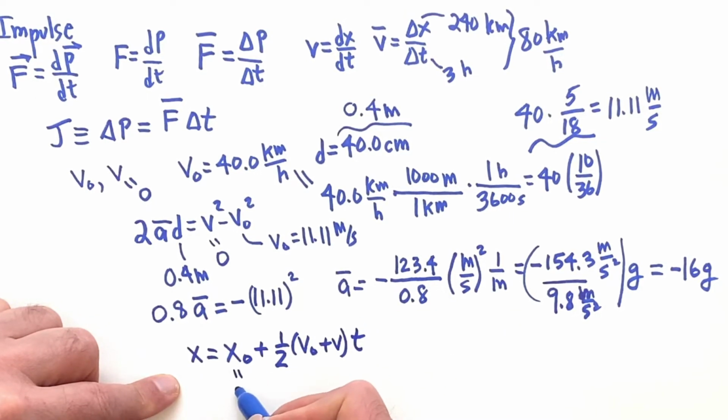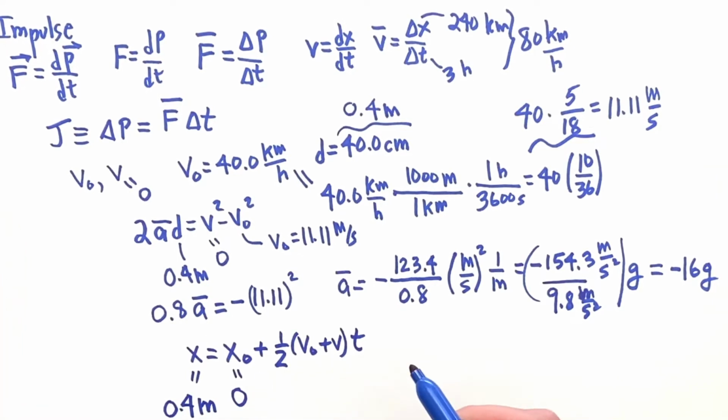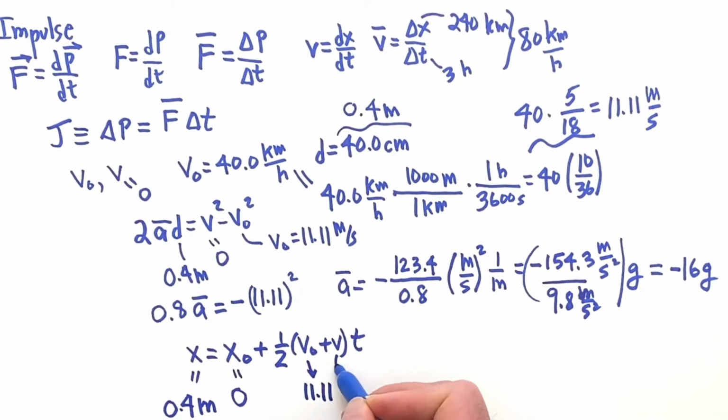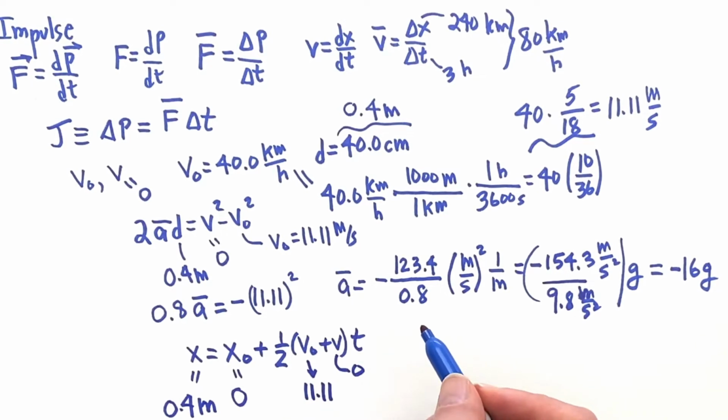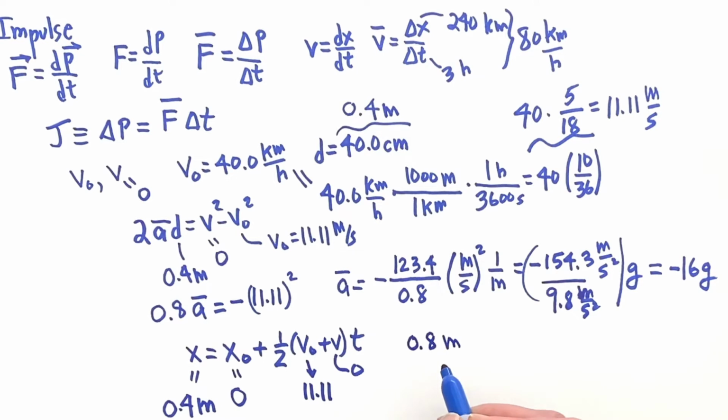Let's say this is going to be 0. We start at 0, and then we're going to move 0.4 meters. And here we're going to have 11.11, and this is going to be 0. And now we can solve for the t. Bring the 2 over to the other side, we'll have the 0.8 meters on the other side. And then we're going to divide by the V0, which is 11.11.